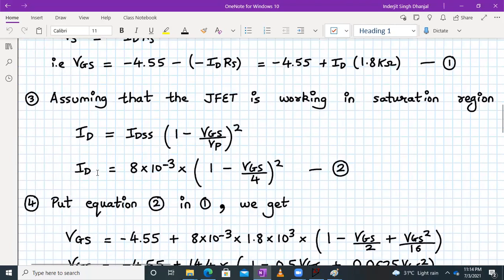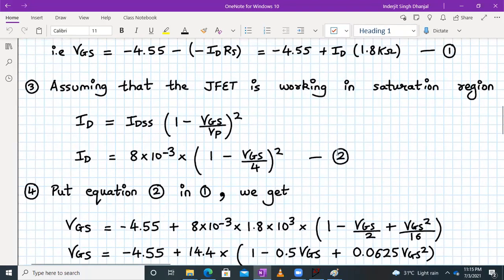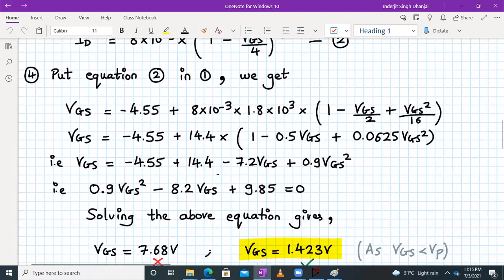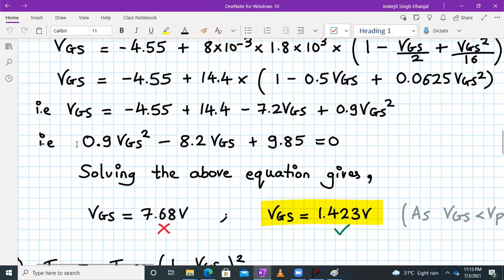So we put the value of 2 in 1. What will you get? You will get VGS equal to minus 4.55 plus 8 milli into 1.8 K into 1 minus VGS upon 4 the whole square term. Now if you solve it algebraically, you will get a quadratic equation in terms of VGS: 0.9 VGS square minus 8.2 VGS plus 9.85 equal to 0.